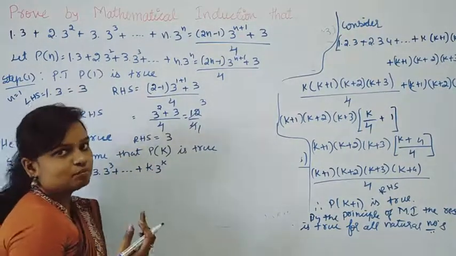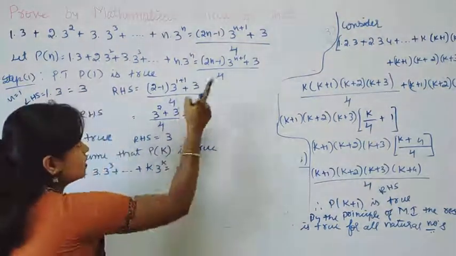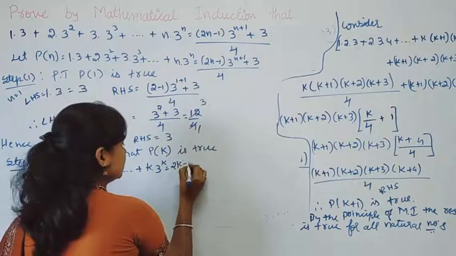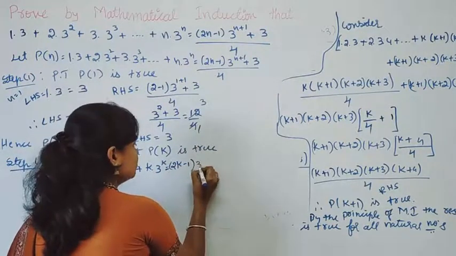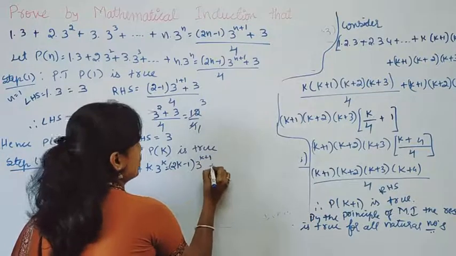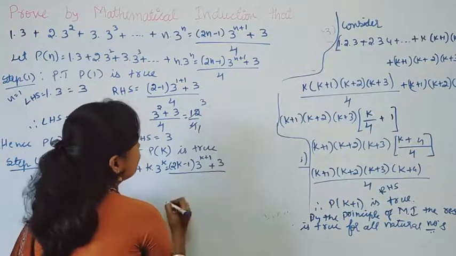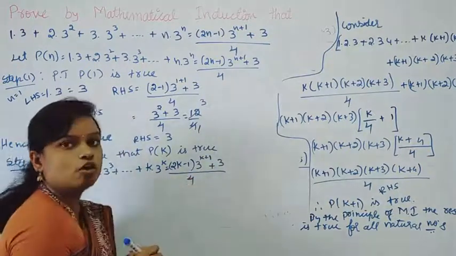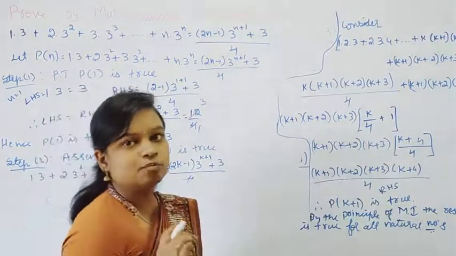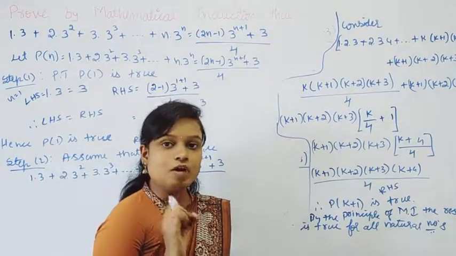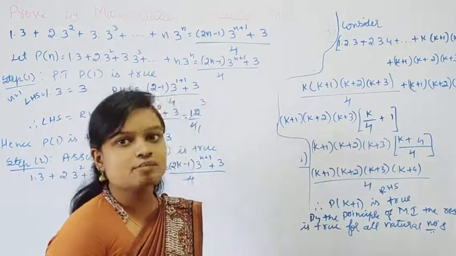Just replace n by k. That is equal to RHS becomes (2k minus 1) 3 power k plus 1, plus 3, whole divided by 4. This is what? P of k.